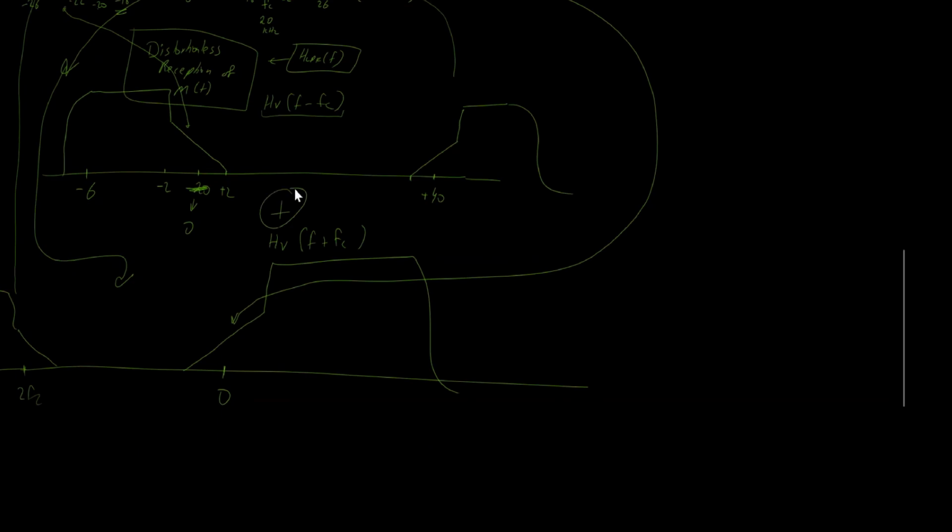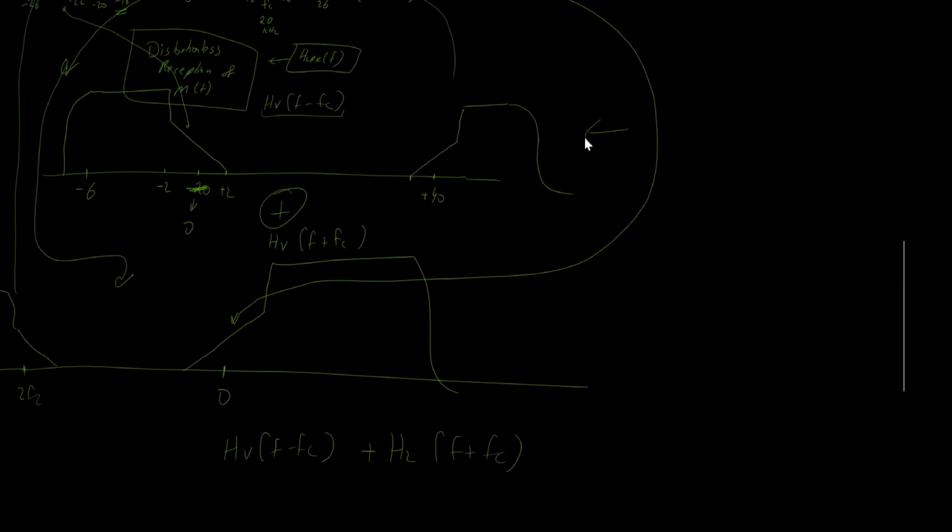So if we add these two together, that is Hv of f minus fc plus Hv of f plus fc, note that this is 0. So in this, this was minus 2 and this is 2. So between minus 2 and 2, the value is basically increasing. And then we have this function.